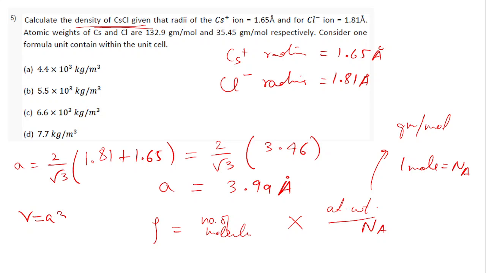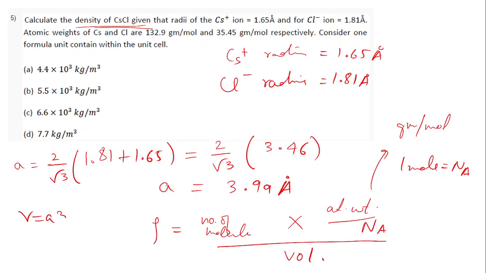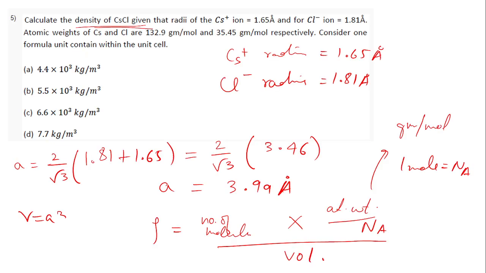So this is how we write the mass, divided by the volume. So this is the formula. When we put in, the number of molecules is 1, because as per the question we have to consider one formula unit within the 1 unit cell. So CsCl, only 1 molecule is there. Then the atomic weight. Now the atomic weight we have been given for Cs and Cl: 132.9 plus 35.45.